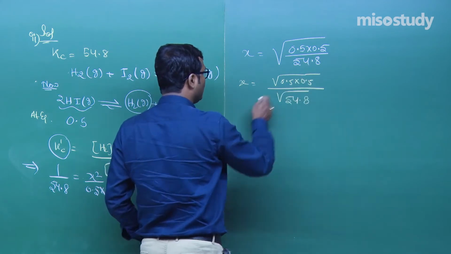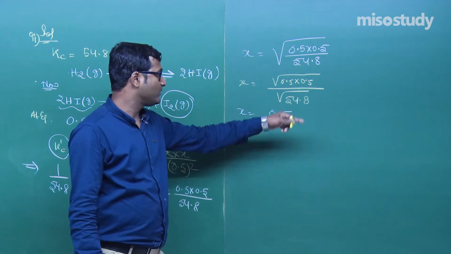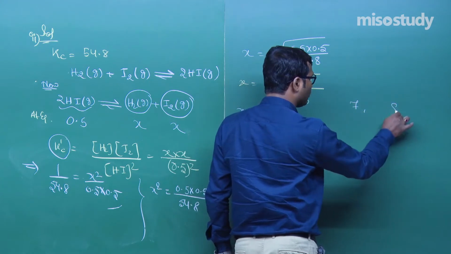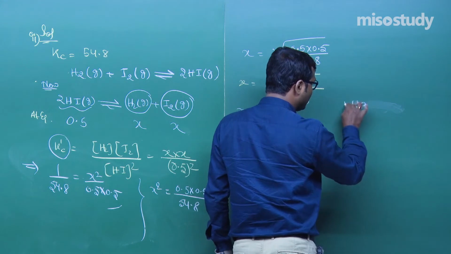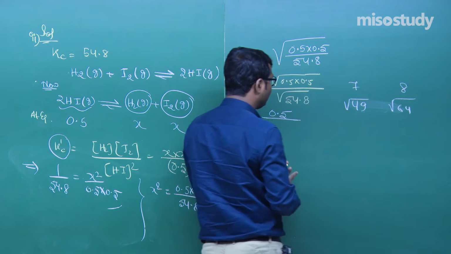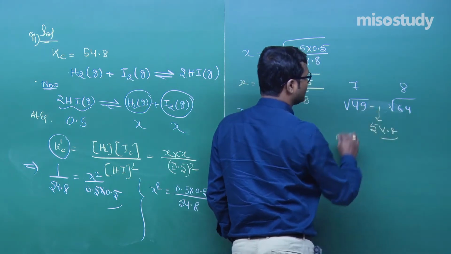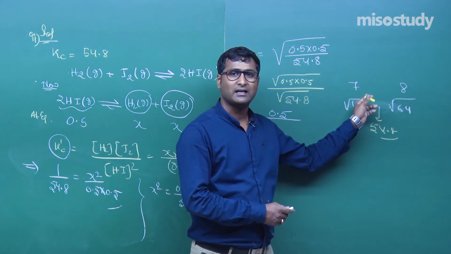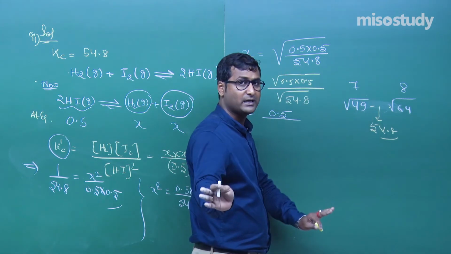Now we know the root of 0.5 into 0.5 is 0.5. Here is 54.8, which has no exact root, but this value lies between 49 and 64, whose roots are 7 and 8. Am I right? So the root value lies between 7 and 8. So we can conclude that the value may be an estimation, my friend, not a complete calculation.